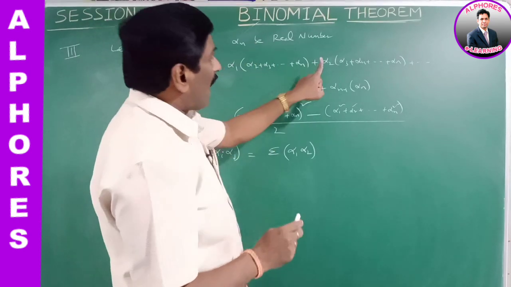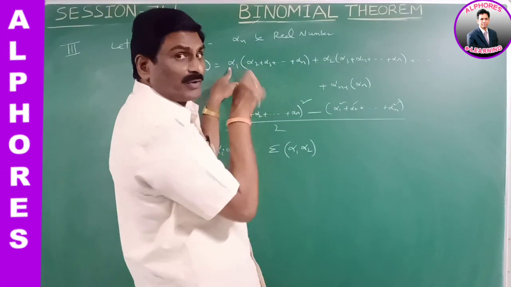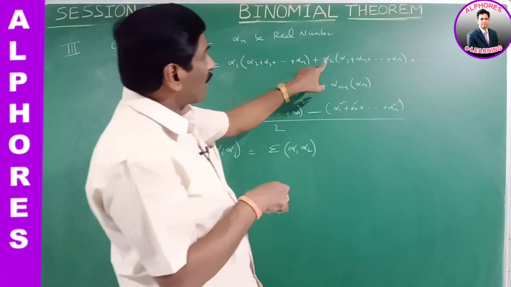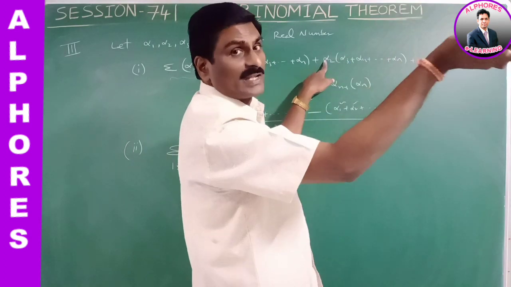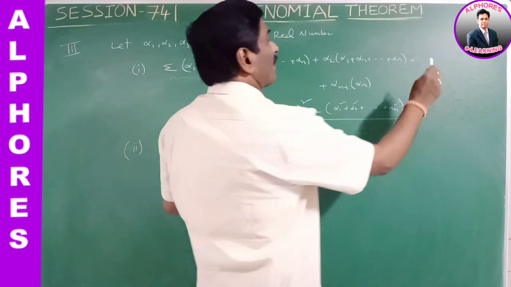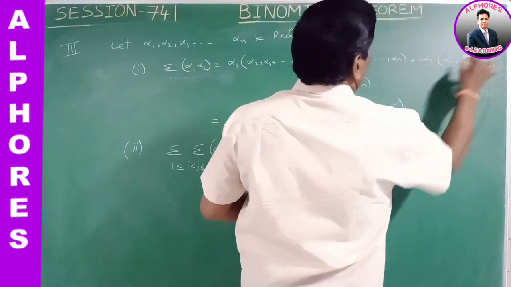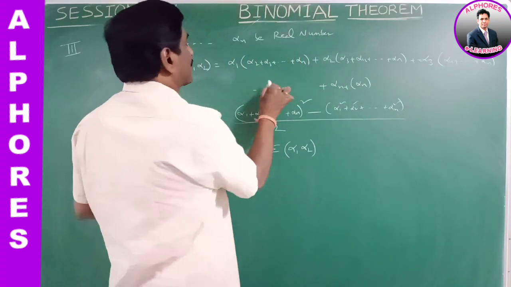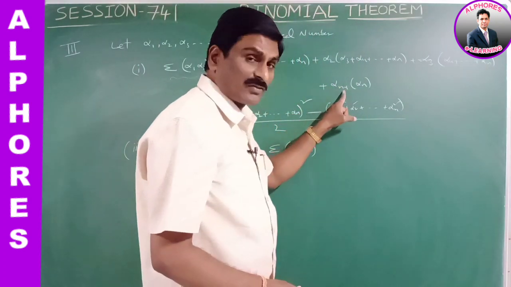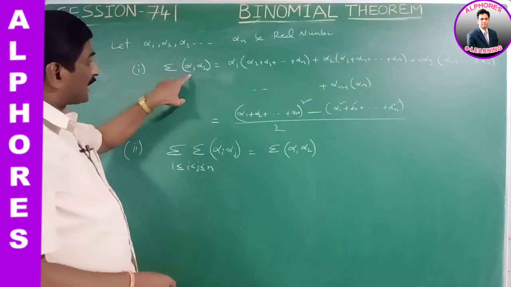Next, alpha 2 into alpha 1 is already completed, since alpha 1 into alpha 2 equals alpha 2 into alpha 1. So alpha 2 into the combination of the next remaining values, that means alpha 3 plus alpha 4 plus so on alpha n. What is the next term? Alpha 3 into (alpha 4 plus so on alpha n). By continuing, what is the last term? Alpha suffix n minus 1 into the next higher value, alpha n. Sigma alpha 1 alpha 2 means this value.